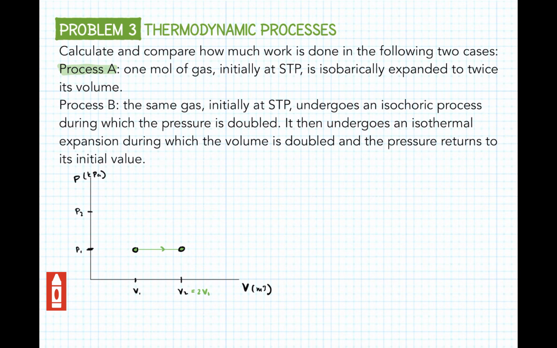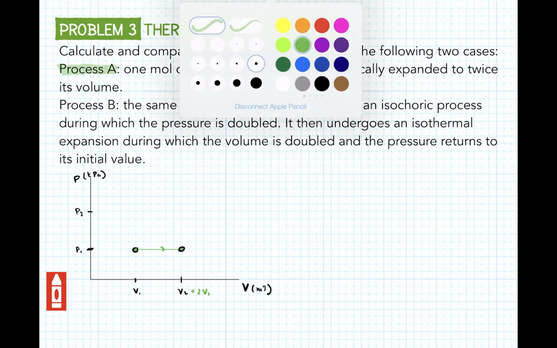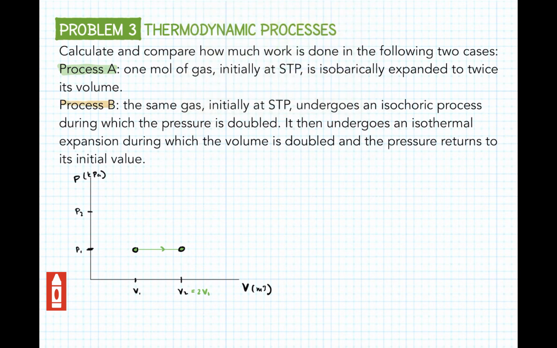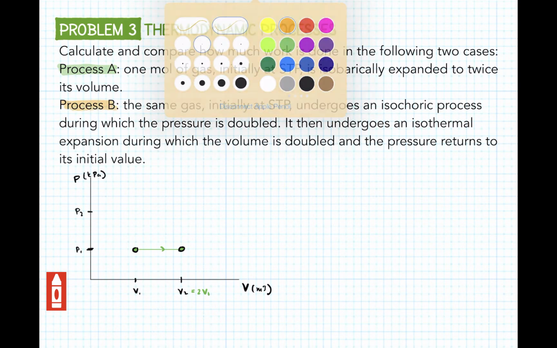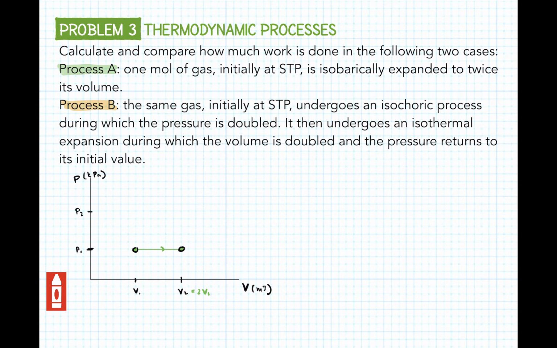For process B, we're looking at the same gas, so we start at the same spot, okay, down here. It undergoes an isochoric process, that means constant volume, during which the pressure is doubled. So we want to go up to this pressure using an isochoric process. Oops, that's not great.